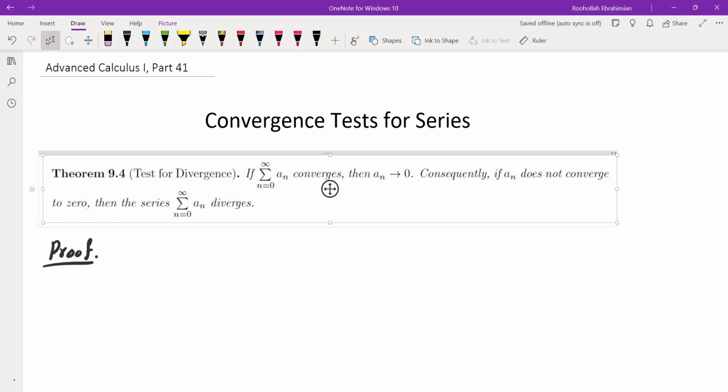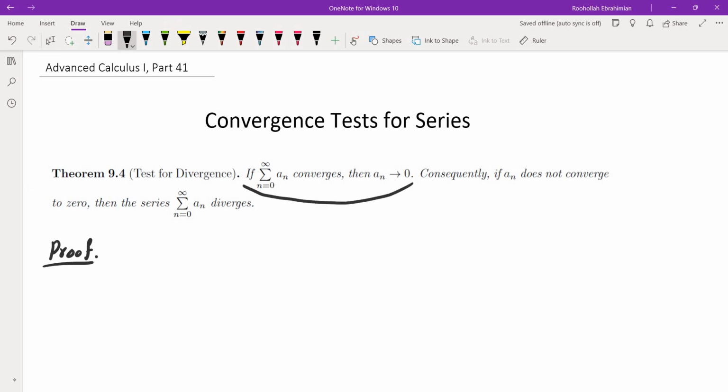And if you take that into the contrapositive, it becomes: if a_n does not converge to 0, then the series diverges or does not converge. Okay, so let's look at the series and see what happens if the series converges.